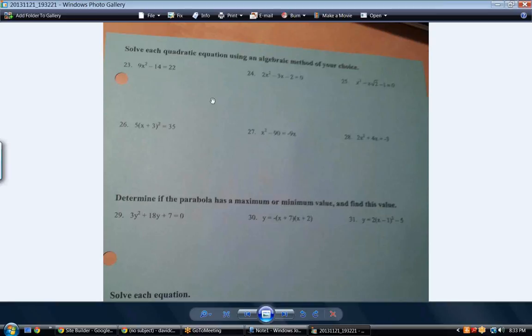Are any of these going to give you problems? 23 through 28. I don't see why any of those would give you any problems at all. Let's go over 25 real quick.